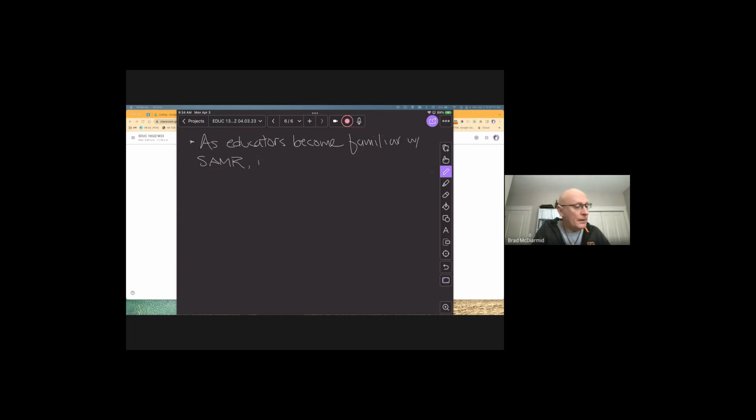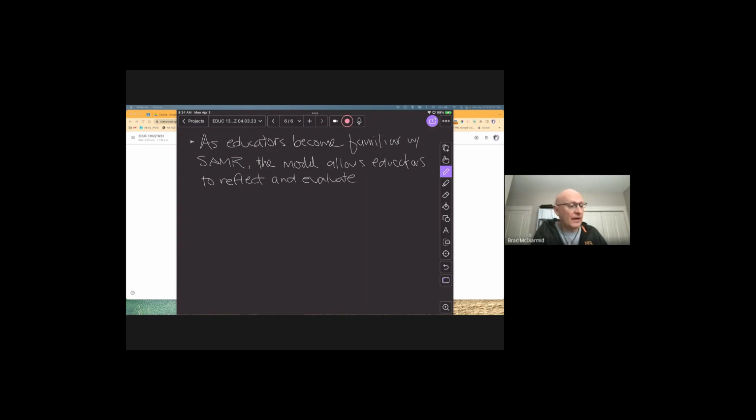comma, let's put it this way. The model allows educators or teachers to reflect, right? There we go. TQS number 2, to reflect and evaluate. Okay. Right. Think of Bloom's taxonomy.